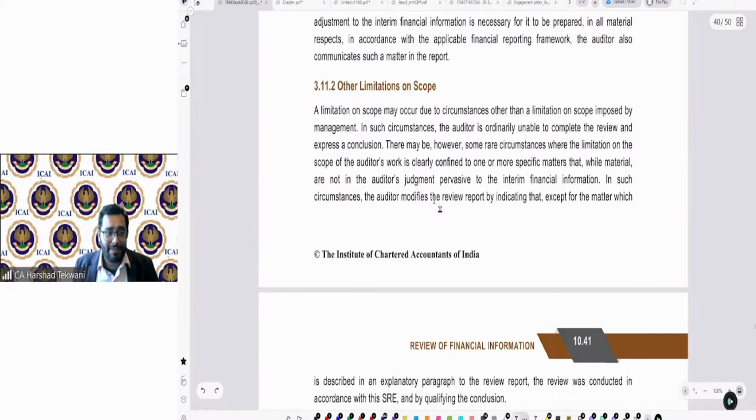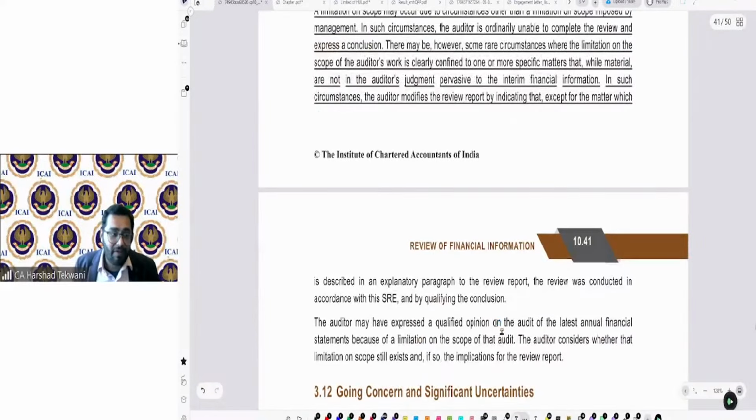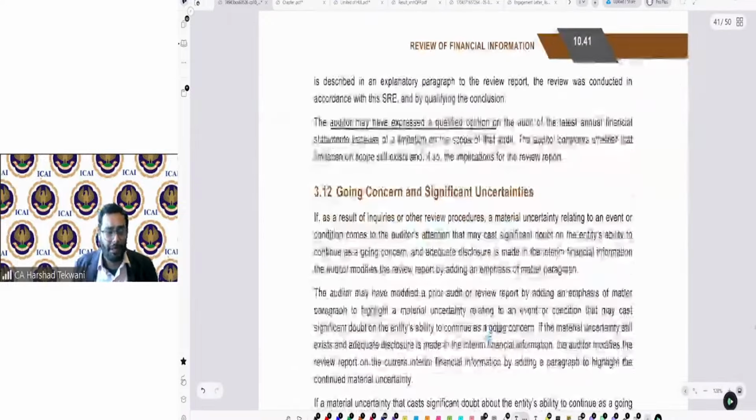If there are circumstances other than a limitation imposed by management and the auditor is not able to complete the review, the auditor needs to specify the circumstances of the limitation, whether that is material and pervasive, or material but not pervasive, and accordingly issue a qualified conclusion or disclaimer of conclusion. So limitation will have an impact on the conclusion, similar to what we have discussed till now.